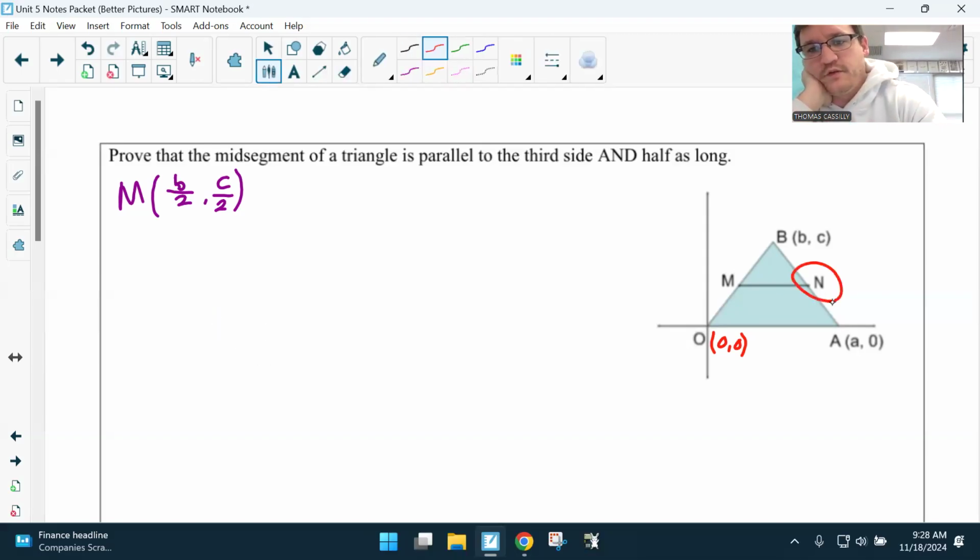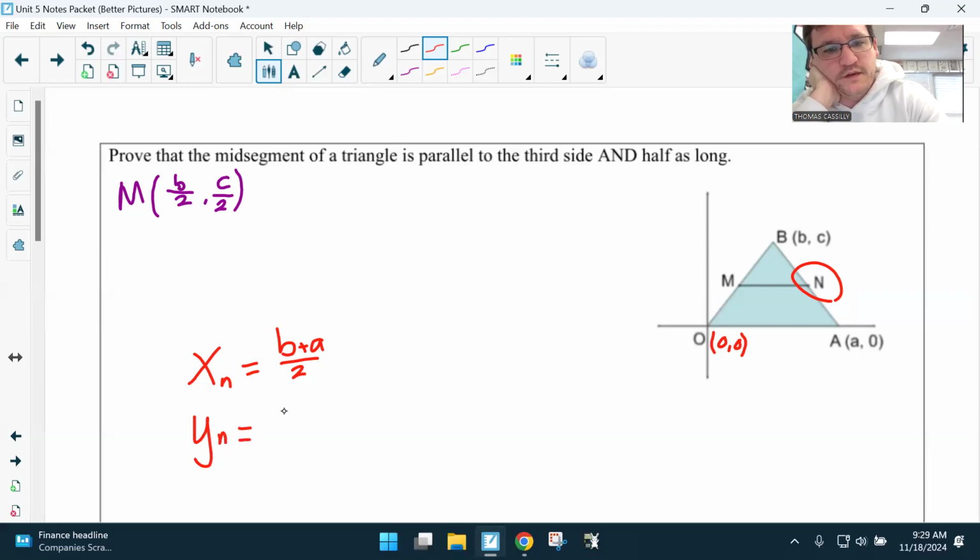I'm looking for the ordered pair for N, right? So I'm going to say the x midpoint is going to be B plus A divided by 2, right? And the y midpoint is going to be C plus 0 over 2, right?